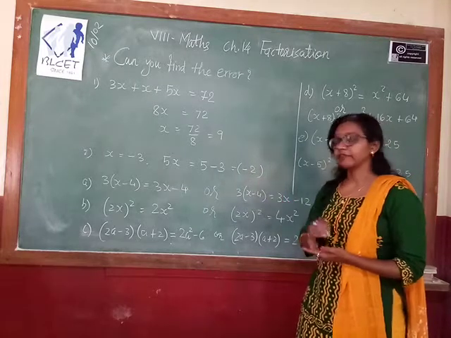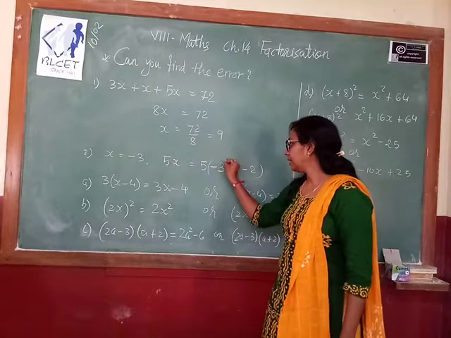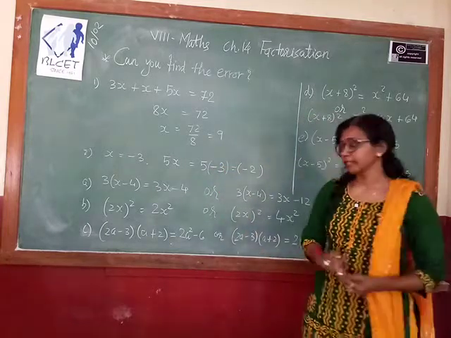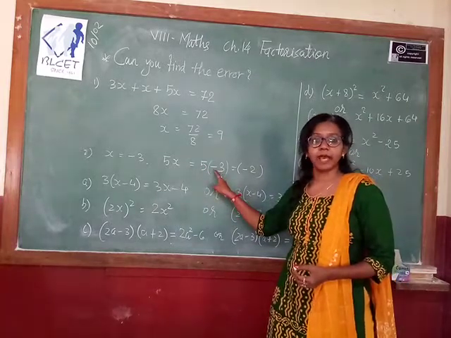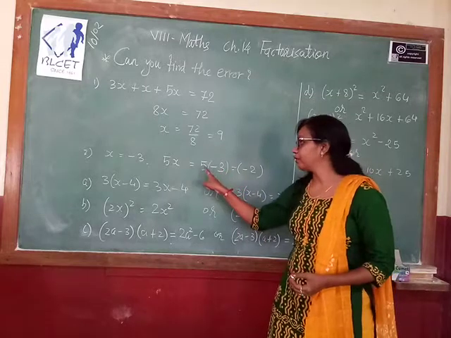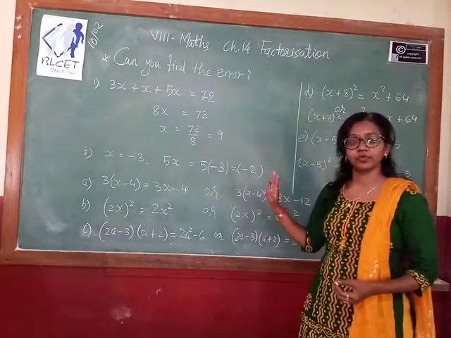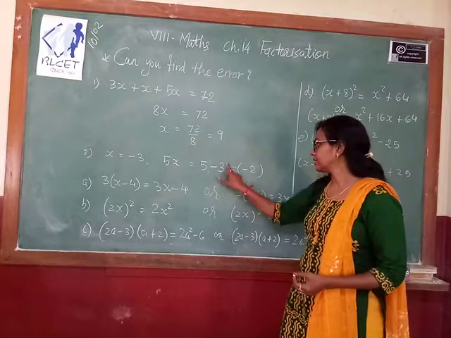In place of writing 5 minus 3, we have to write 5 in brackets, minus 3. This bracket represents that 5 is multiplied with minus 3. If we don't write the bracket, we directly do 5 minus 3 and get minus 2, so you will get the wrong answer. This is a chance where you can make a mistake.